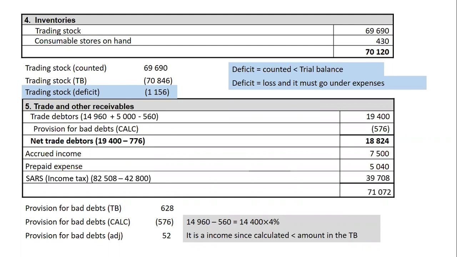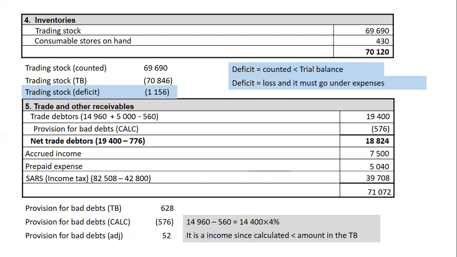That's why I said I needed to close off my trade and other payables after preparing trade and other receivables, I mean, after the last transaction, because I couldn't tell which way it was going to go. If you have SARS income tax in your trial balance, just know that it represents either what you owe or what SARS owes you.